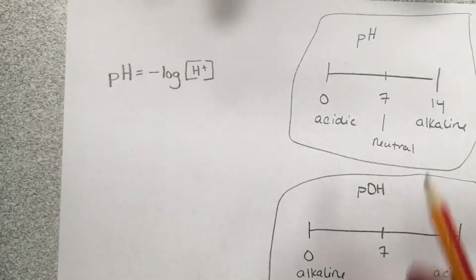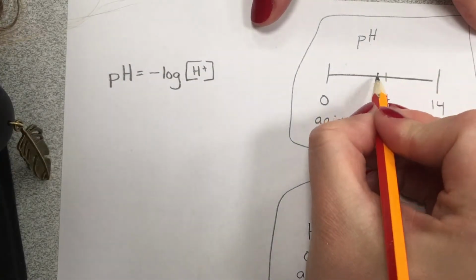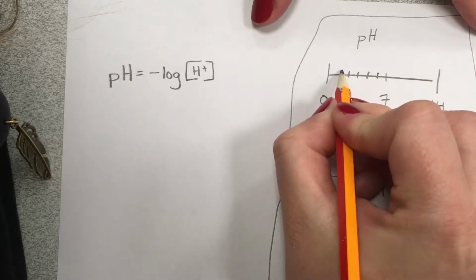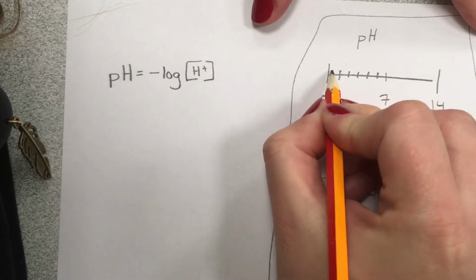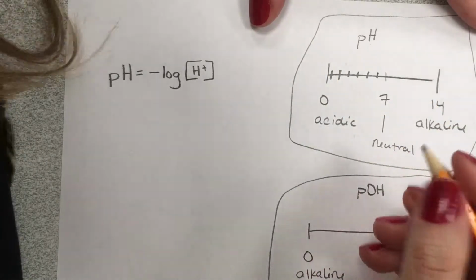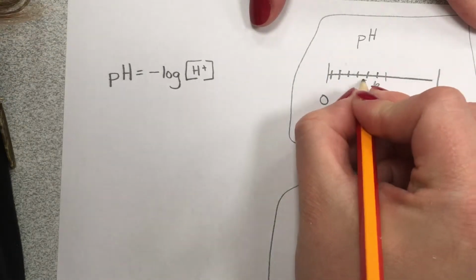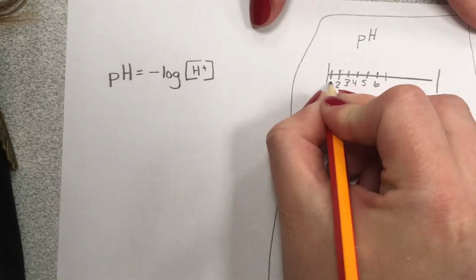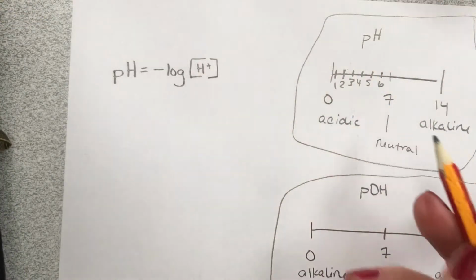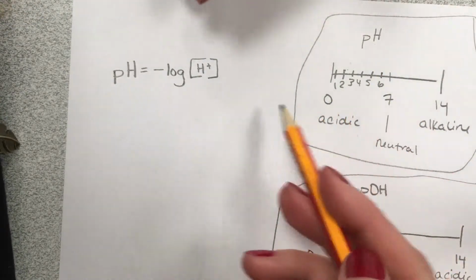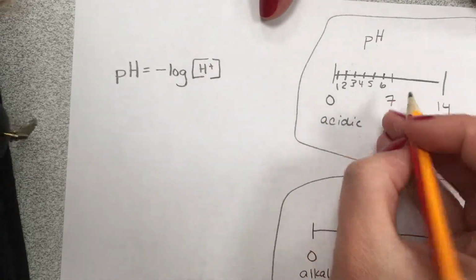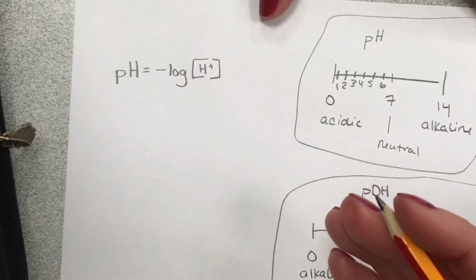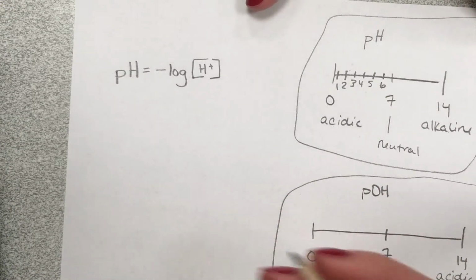What that means is every step down or up the pH scale, 7, 6, 5, 4, 3, 2, 1, 0, is not just equally higher in hydrogen ion concentration. It's actually getting higher by a factor of 10.